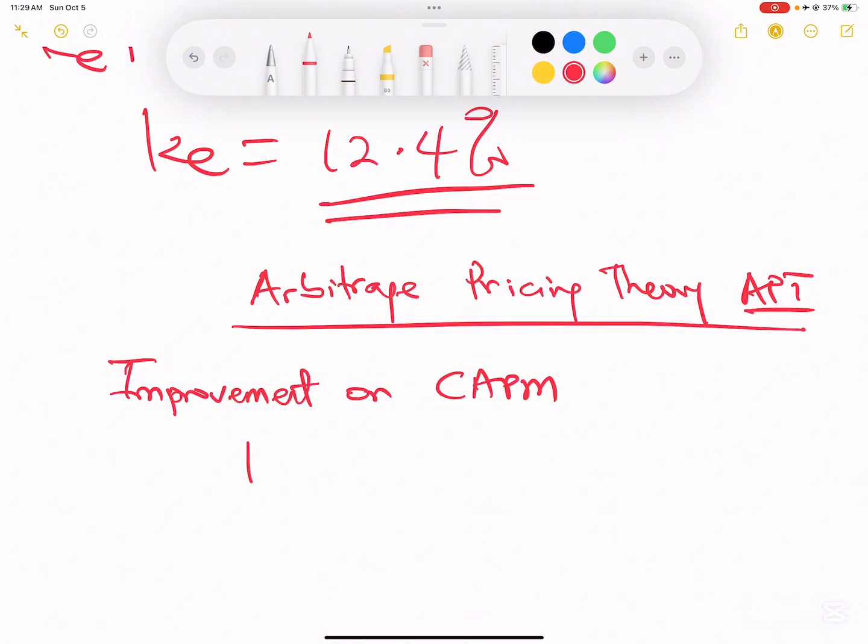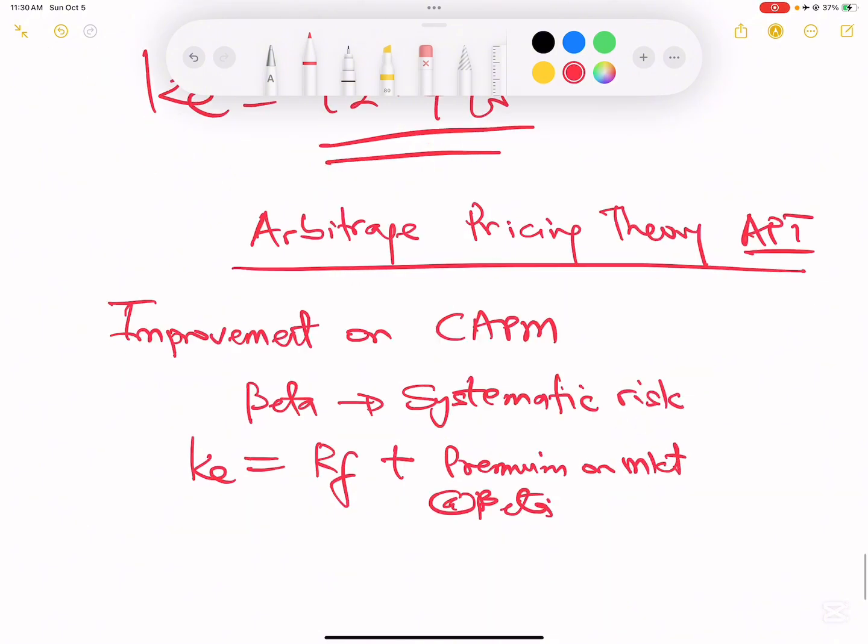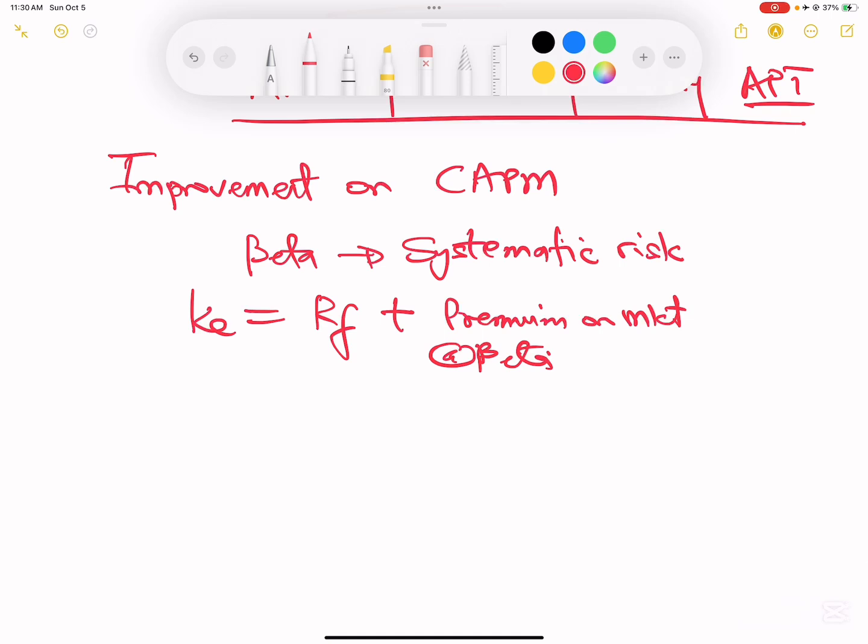And that risk is just the beta that is focused on systematic risk. CAPM believes that an investor should just get the risk-free rate plus the premium on the market, using the beta of the company. That is simply what CAPM is saying.